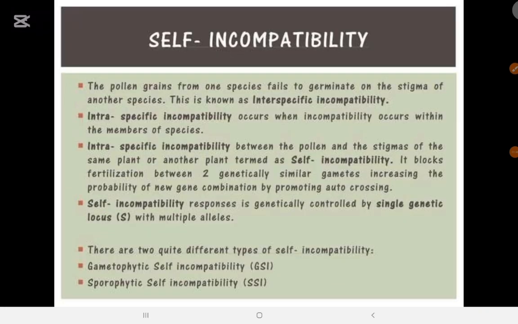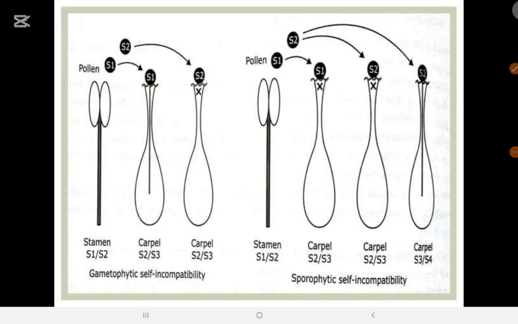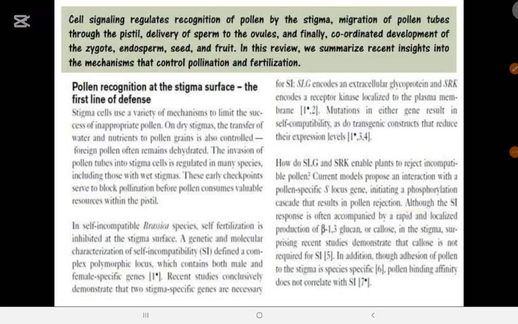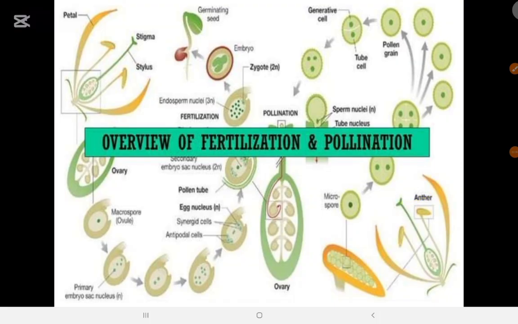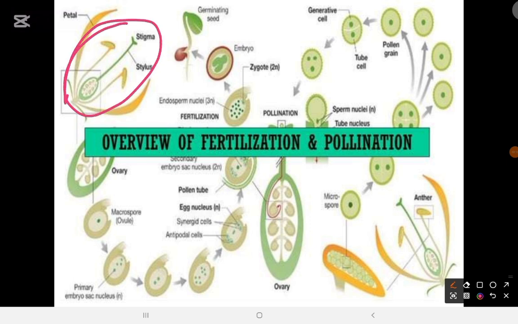All right. Now let's talk about the fertilization process. So in summary, this is how fertilization actually takes place. We'll begin from here. You see that the ovary, there's transfer of pollen from anther to the stigma, okay?